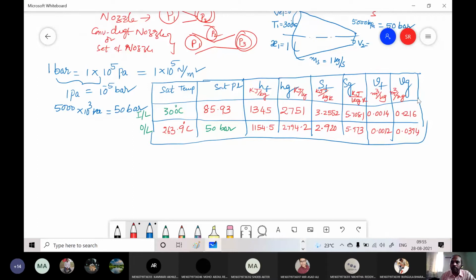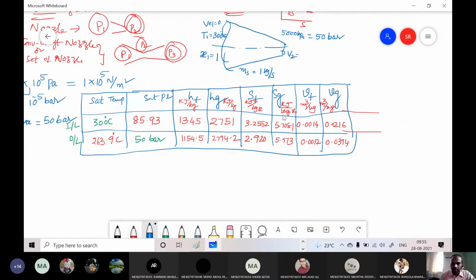We forgot to note down the HFG values, right? Can you tell me fast? HFG and SFG correspondingly, at 300 degrees centigrade and at 50 bar.